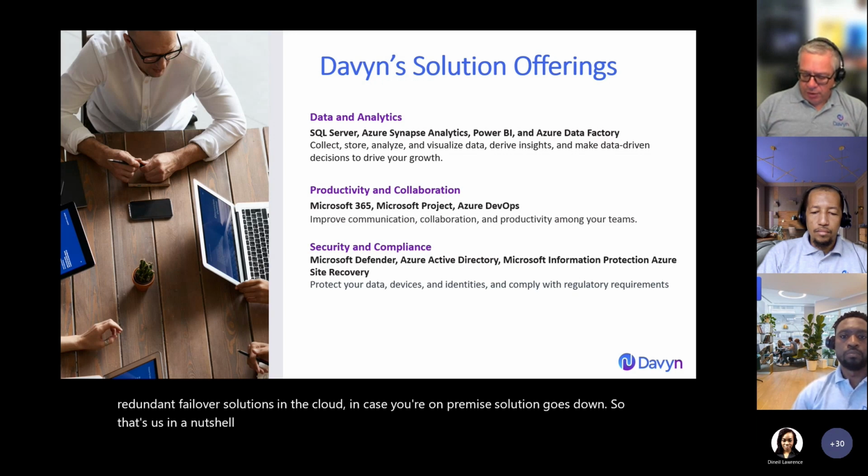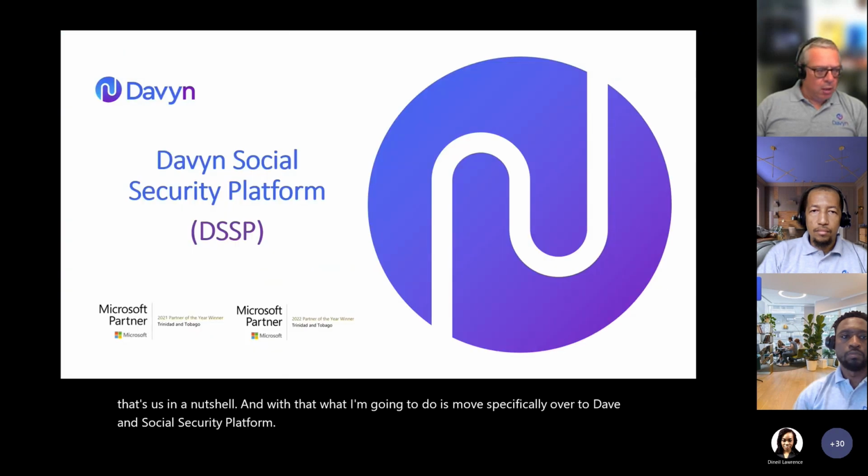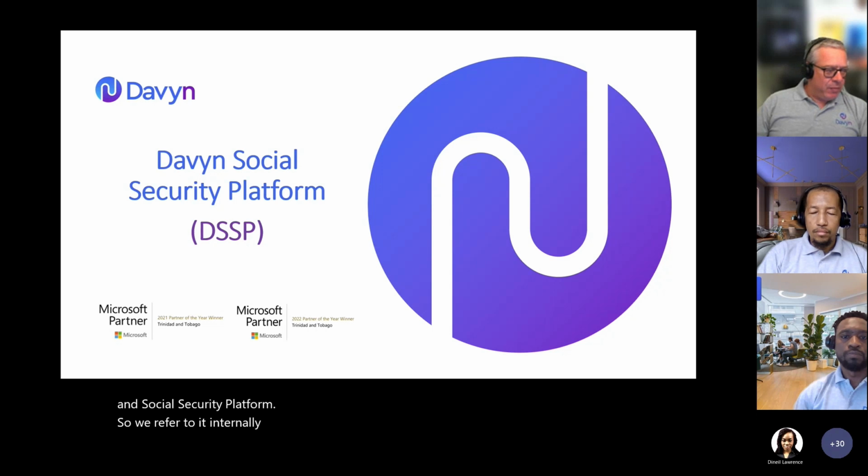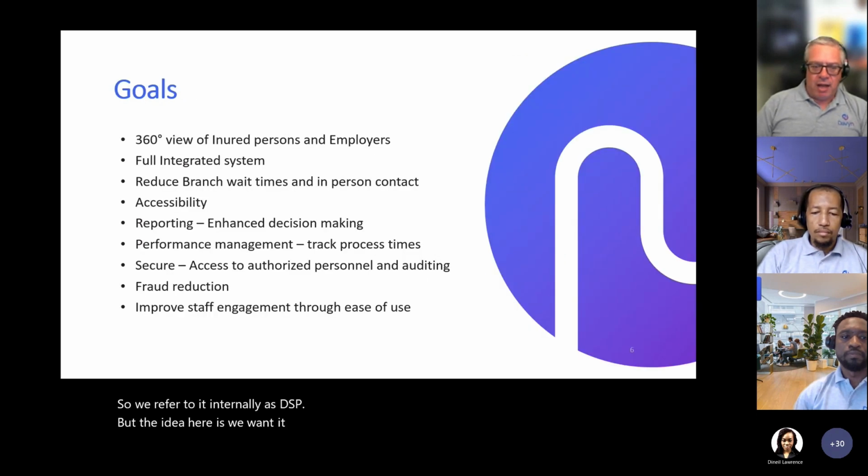And with that, what I'm going to do is move specifically over to Davyn Social Security Platform. We refer to it internally as DSSP. But the idea here is we wanted to create a platform that meets certain goals that are important to Social Security.